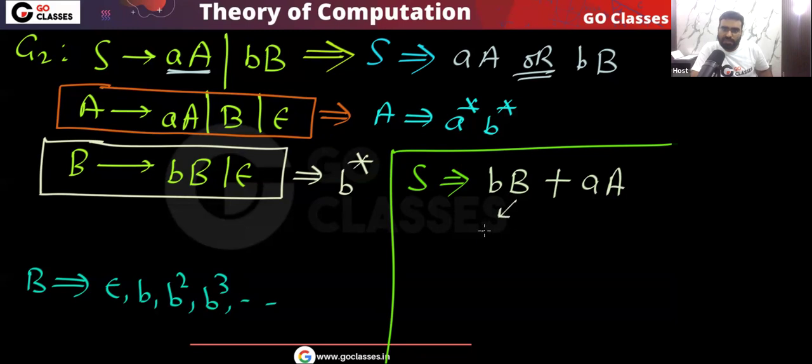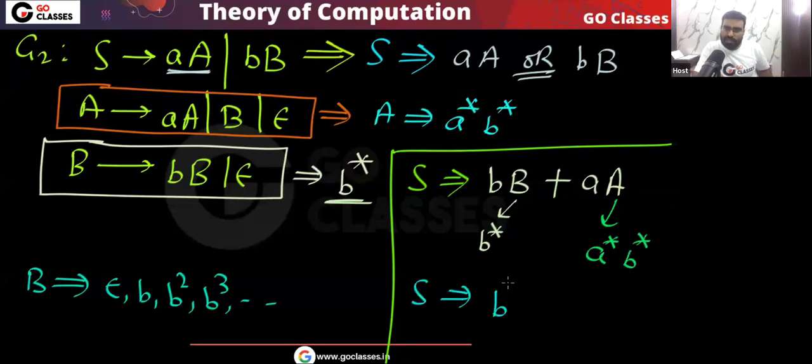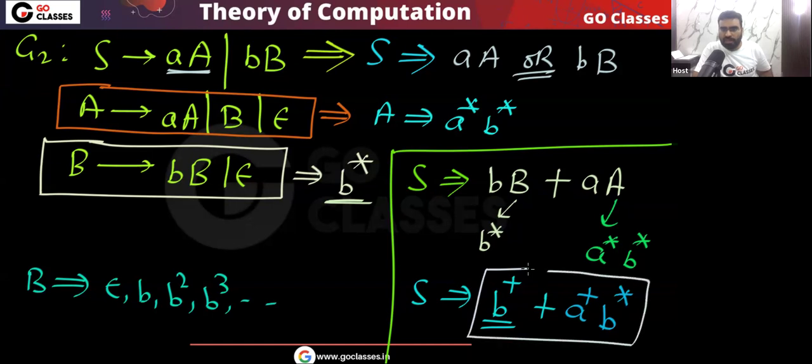Now, B is already giving you B star, and A is giving you A star B star. So tell me what S is giving you. From S, you are getting either B plus or A plus B star. Yes or no? Understood? Let me know.